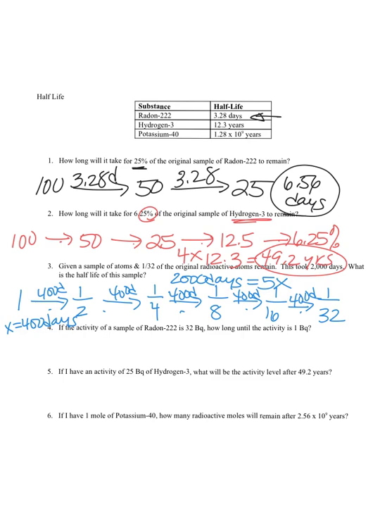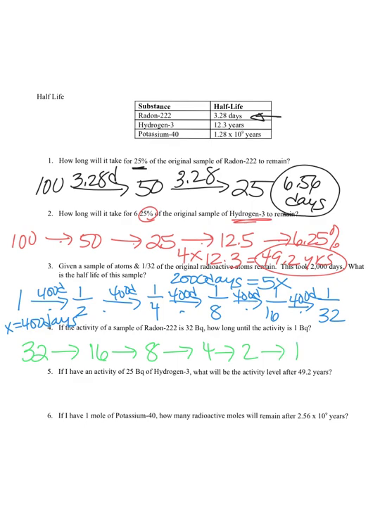The fourth one is based on the activity. So based on the activity, I have 32 becquerels, and I'm going to end with 1. So I'm going to start with 32, and I'm going to decay until 1. So 32, 16, 8, 4, 2, 1.